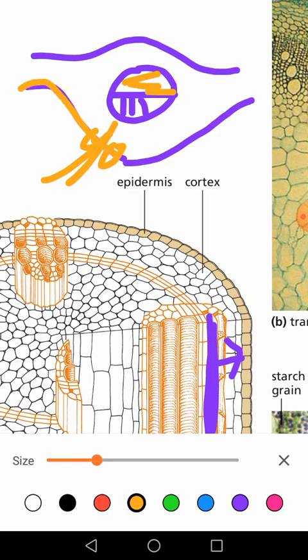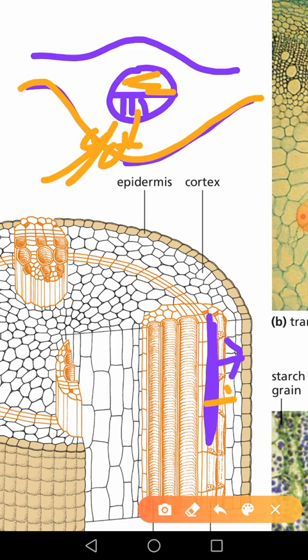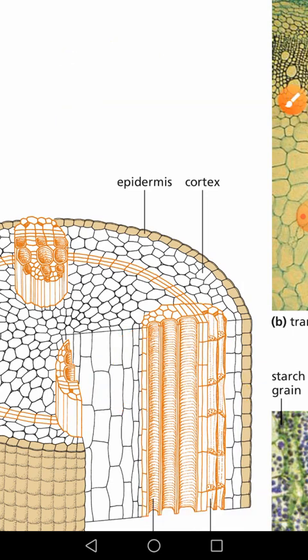So the lower epidermis was actually considered as the outside part. That's why phloem is always near the outside. Again here, this is the phloem part, and phloem is near the epidermis, that is, near the outside part. And xylem is always on the inside.